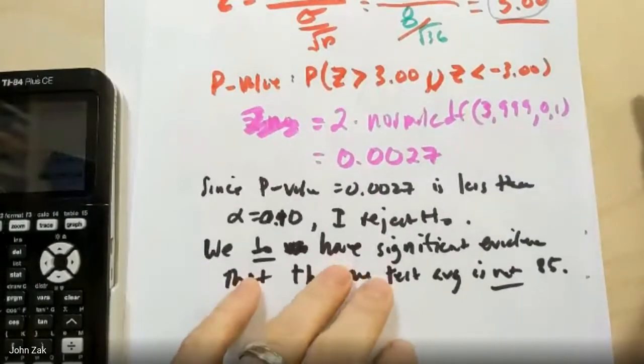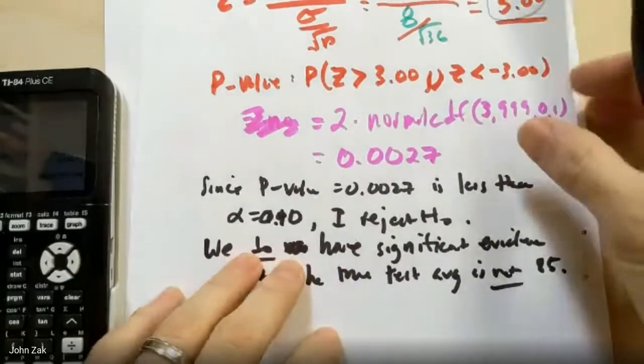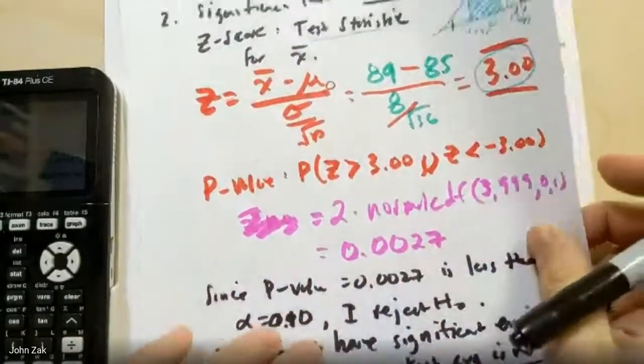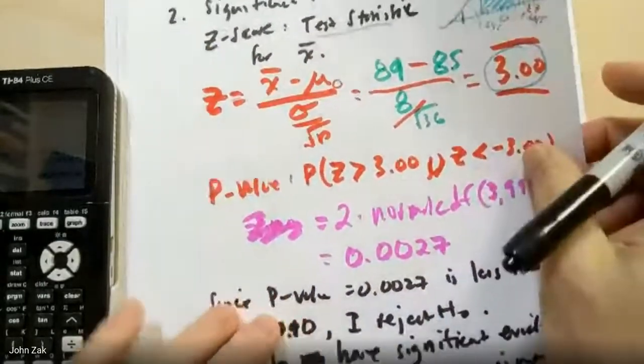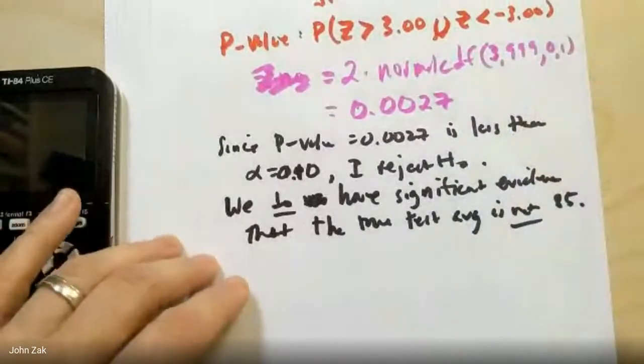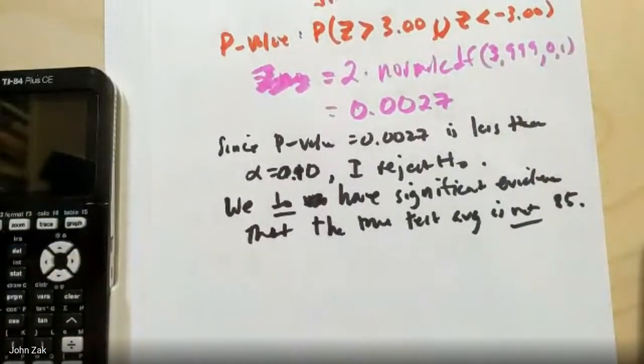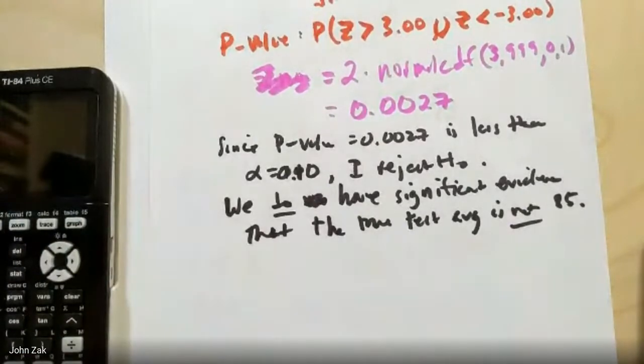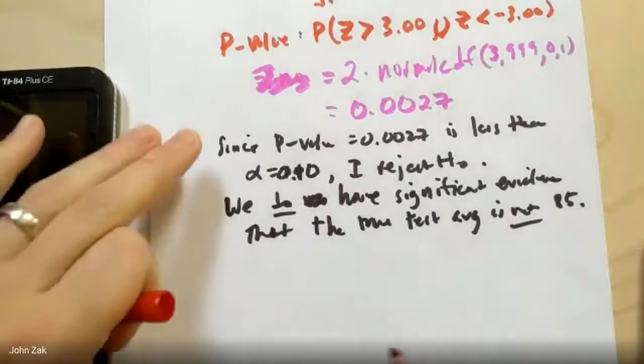Cool. Now, just as an aside, I wanted to point one small thing out. When we got this p-value of 0.0027 based on a z-score of 3, some of you might have been objecting in your heads, even if you didn't out loud. Do we really need to use our calculator to figure out what that would be?